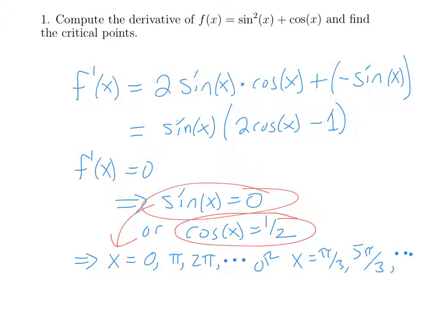Same thing, cosine equals a half at pi thirds, 5 pi thirds, and so on, but because it's periodic, we only need to know the values between 0 and 2 pi. If that step feels a little bit confusing to you, I would really recommend you spend a little bit of time reviewing some of the famous angles and famous outputs of the trigonometric functions.